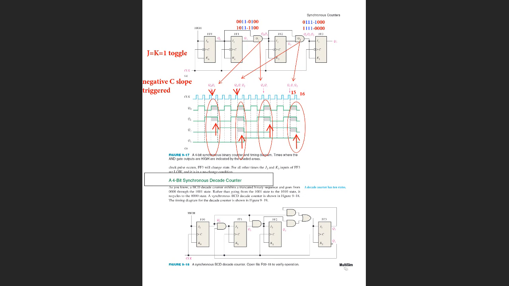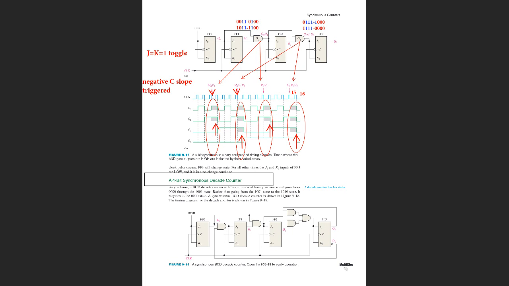When we have 1, 2, 3, and then 4, we have negative slopes and the inputs are changing. So FF2 is changing when Q0 and Q1 are 1, and FF3 is changing when Q0, Q1, and Q2 are 1.